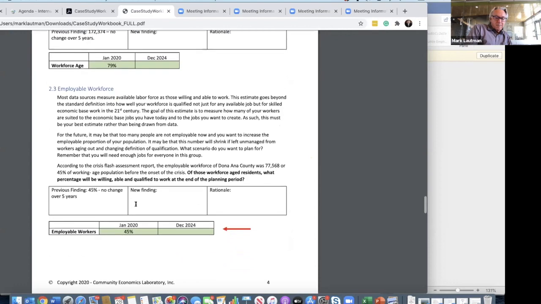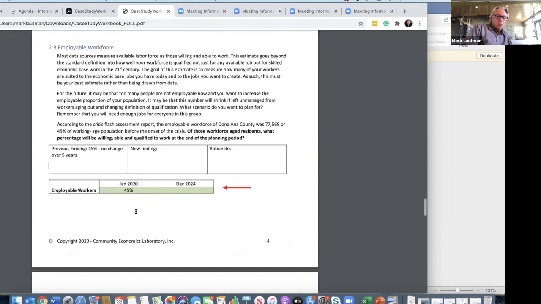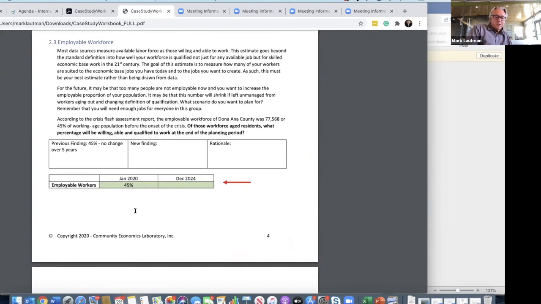Okay, and then you have employable workforce. So out of your workforce age, how many of them are willing, able, and qualified? The reason we ask this question is you don't want to hang your economic development program on jobs to create for which there are no workers.